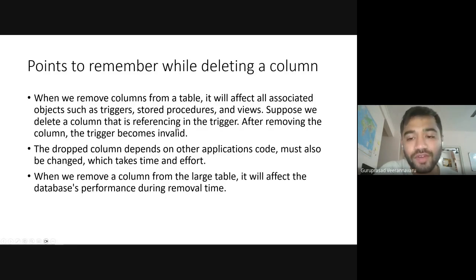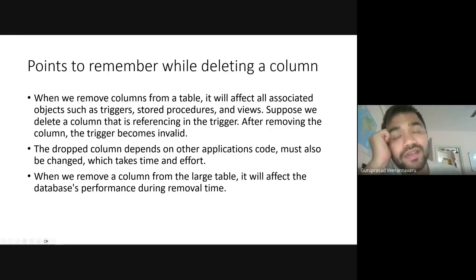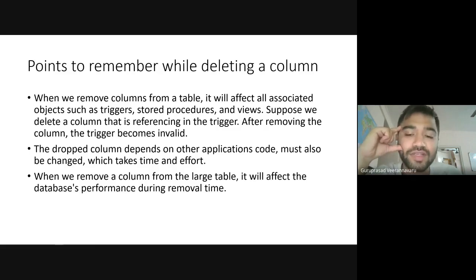And also, if you have used this column in a lot of different places and you delete it here, later on you'll not be able to see this column, and you might have to do a lot of code changes. And also, whenever you're removing a column, let's say the table has 1 million rows. So it's like you're removing 1 million items from a table, so it also takes a lot of time.